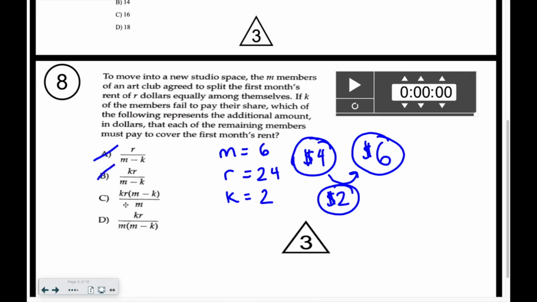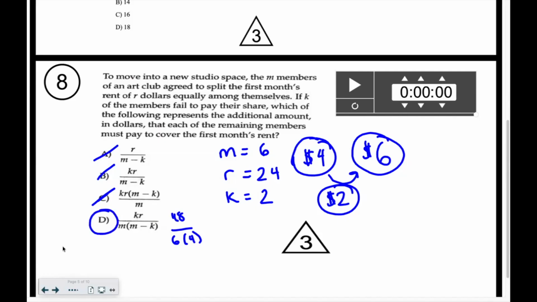That's not 2. This one is KR, so this is 48 times 4 divided by 6. That's not going to be 2, but this one's going to work. K times R is 48. M is 6. M minus K is 4. And 48 divided by 24 is 2.